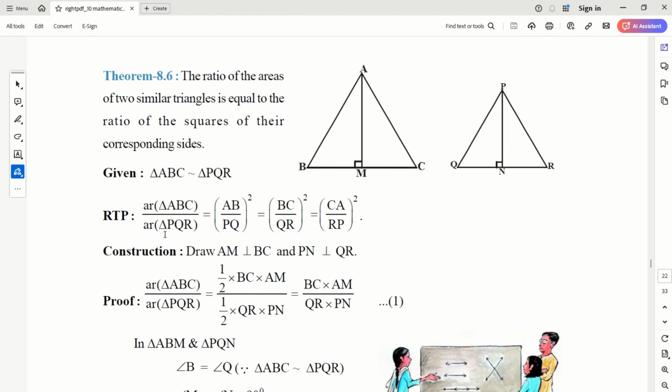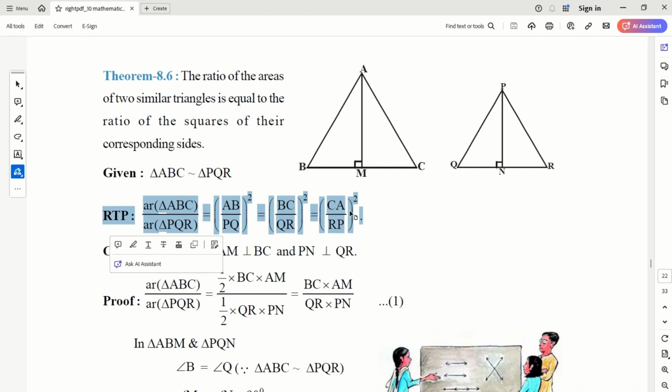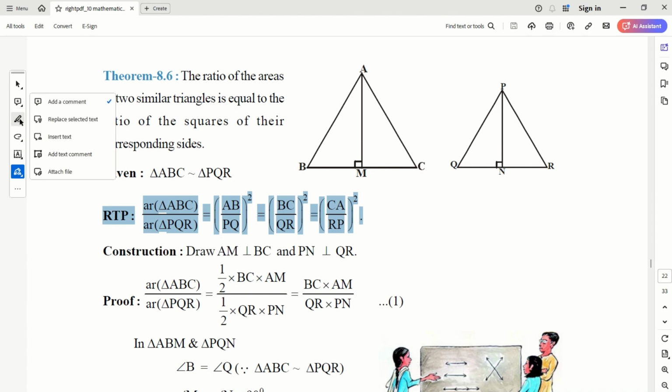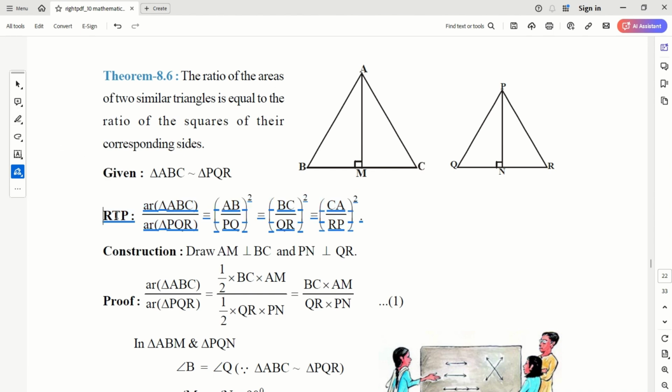Now area of ABC by area of PQR is equal to AB square by PQ square or BC square by QR square or CA square by RP square. This is what we are required to prove.